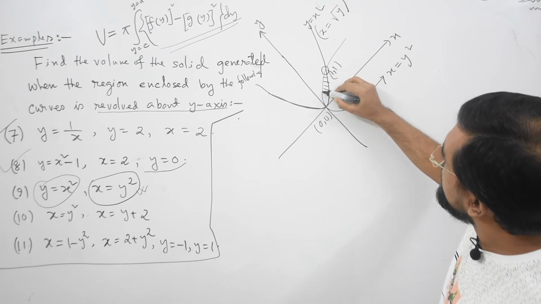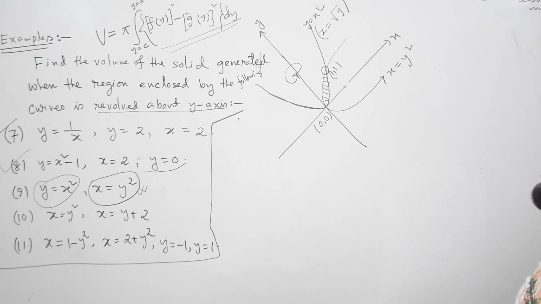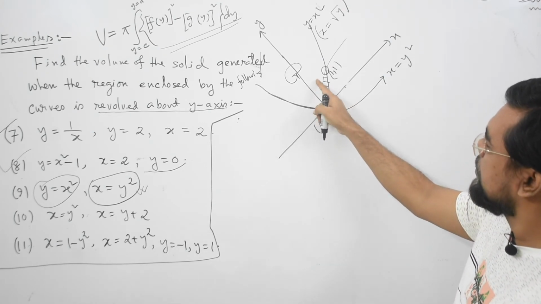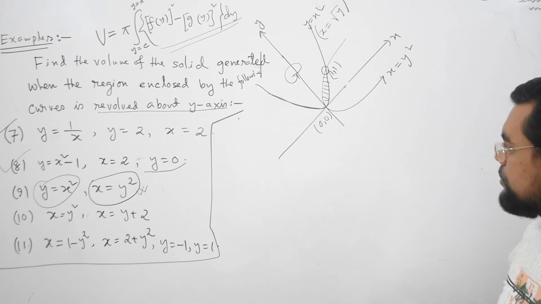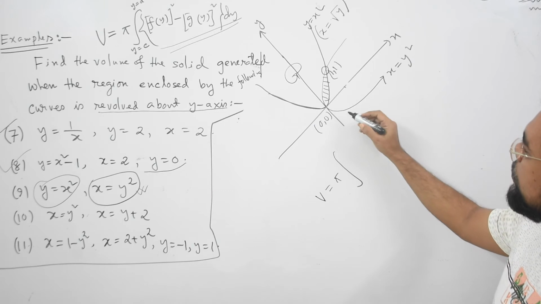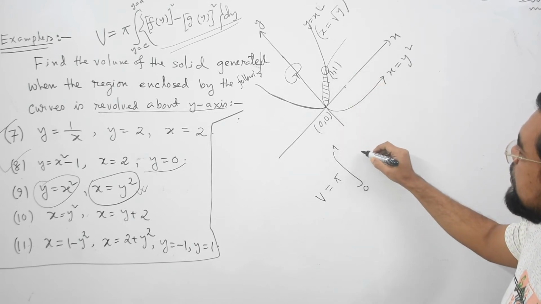So we need to revolve this region about the y-axis. Then we will get a solid having an empty interior, so we need to use the method of washers. Therefore V equals pi, integral of y from 0 to 1.